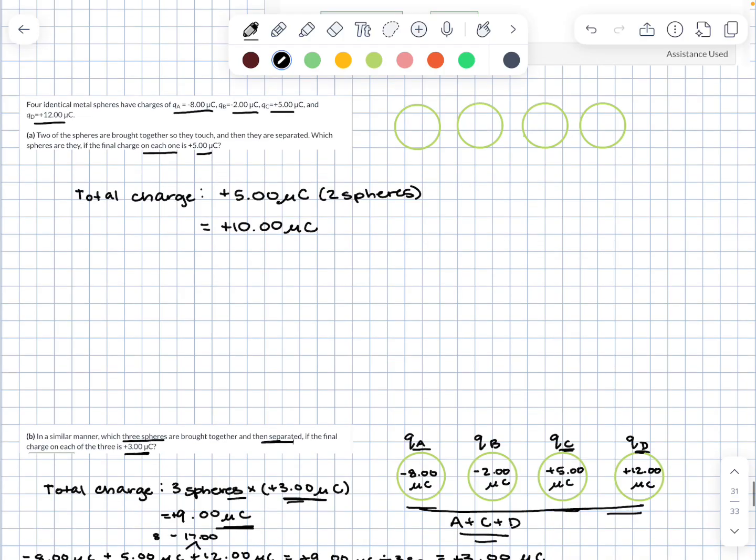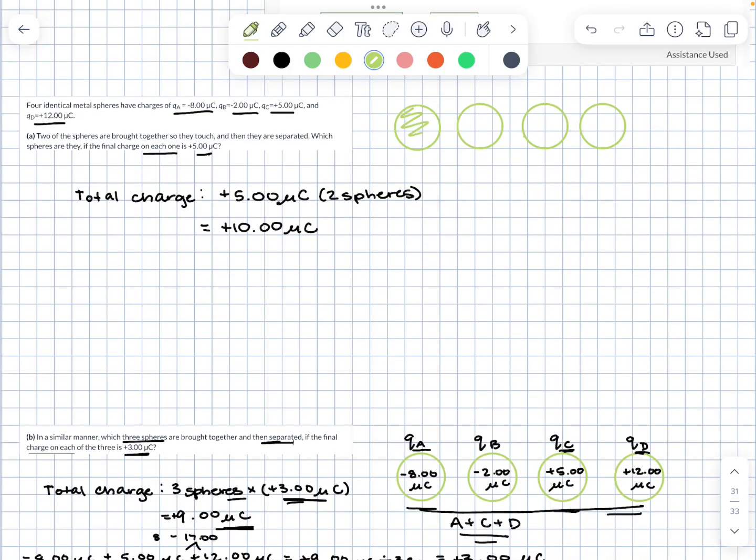So with that said, I have our 4 spheres over here. This is Qa, Qb, Qc, and Qd with their charges.